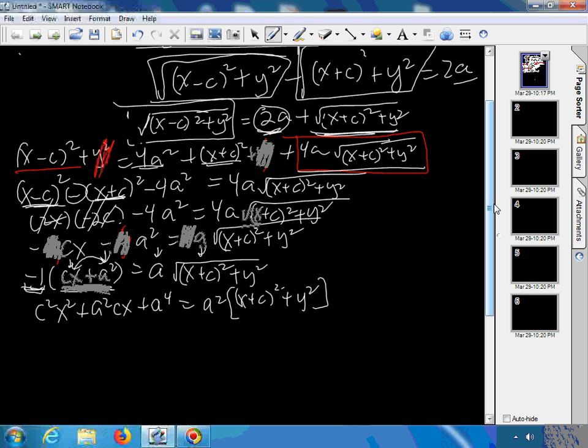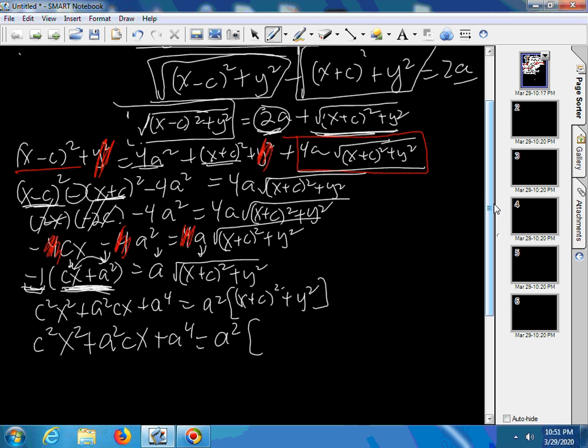Okay, so let's clean up the right side. Since I'm not doing anything to the left side, I'll just write it down. Now before I can distribute the a squared, I have to clean up what's in the brackets. That is, I need to square x plus c. I get x squared, plus 2 times c times x, and then I get the c squared, plus the y squared.